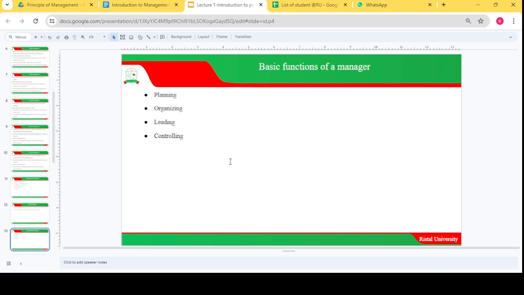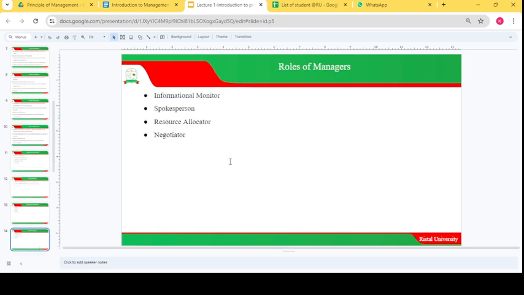This is a very difficult task to achieve, which requires a great amount of skill. Then we have controlling, monitoring employees' activity. The manager has to keep the organization on track towards its goals, looking out for when the organization is going out of control in order to make corrections as needed. So those are the functions of management.